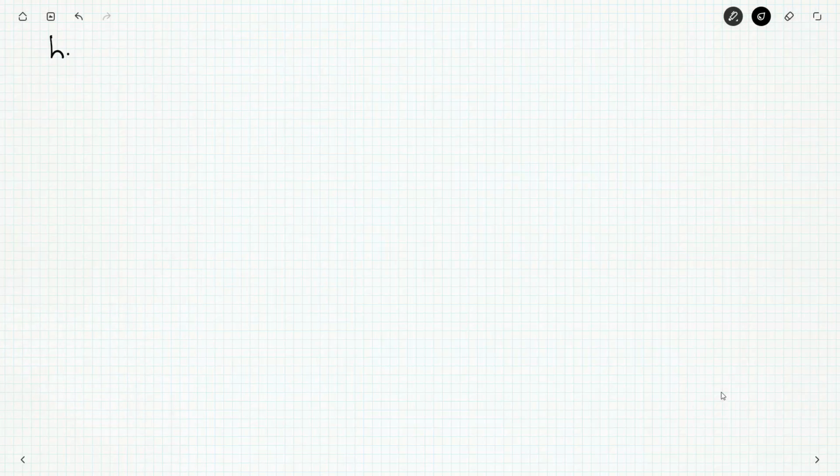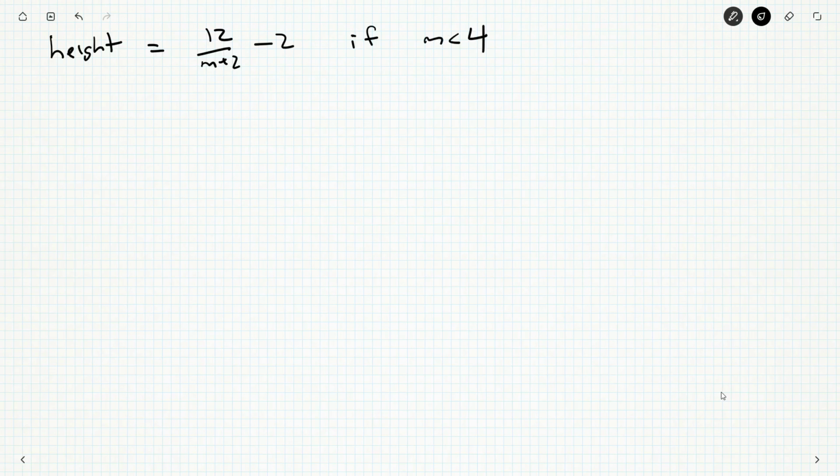So now we have our height is 12 over m plus 2 minus 2, if m plus 2 is less than 6, so if m is less than 4, interesting. Sorry, it would be the reverse of this.